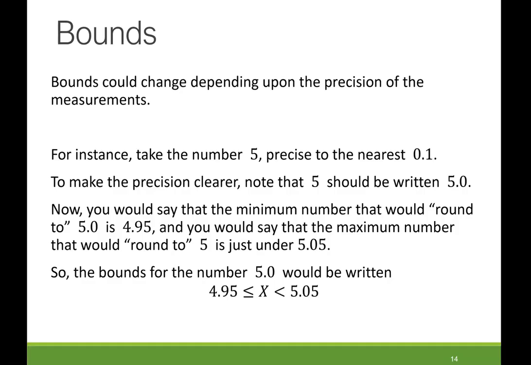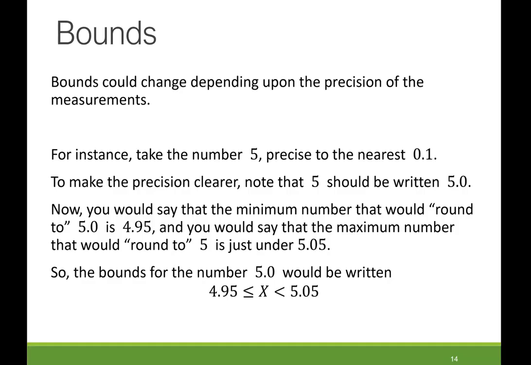I know it's kind of wordy, but if you think about it, I rounded to the tenth, so what place did I look at? Oh, I looked at the hundredths, just one space to the right. And then it's the same thing, like minus 5 and plus 5 on that digit.